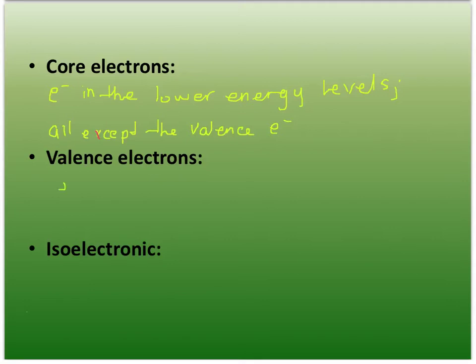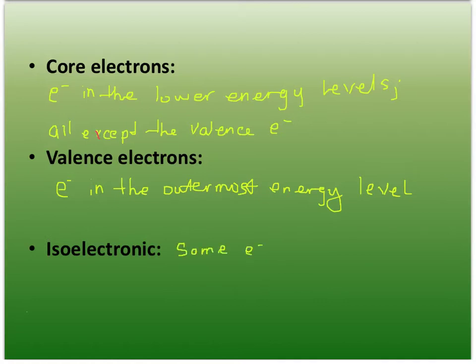So what are valence electrons? Valence electrons are the electrons in the outermost energy level. Now isoelectronic. Isoelectronic means same electron configuration.